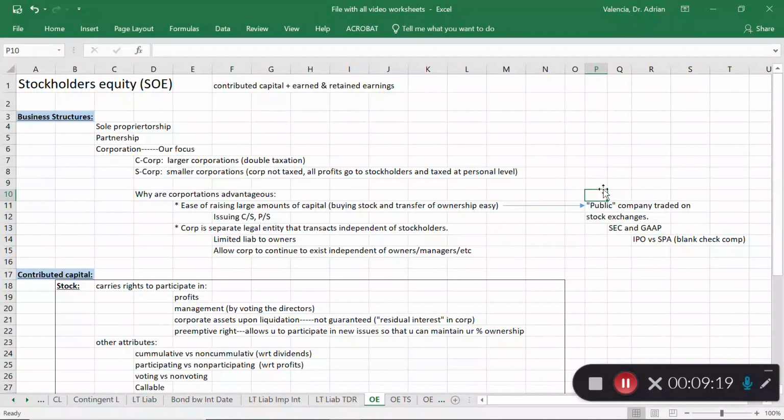Now, be very careful. Some of you may think of the phrasing public company as a government entity, and that's not the case. When we refer to a public company here, what we're saying is that the shares of this company are owned by the public, publicly traded.